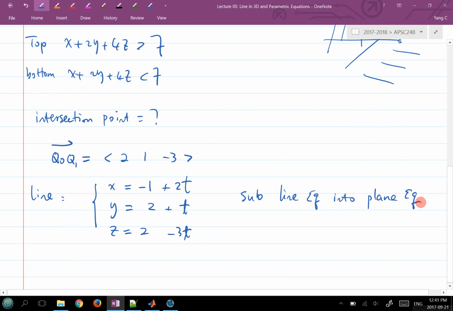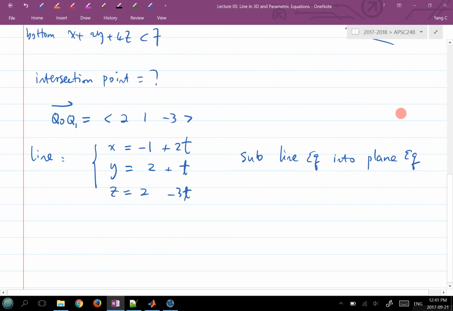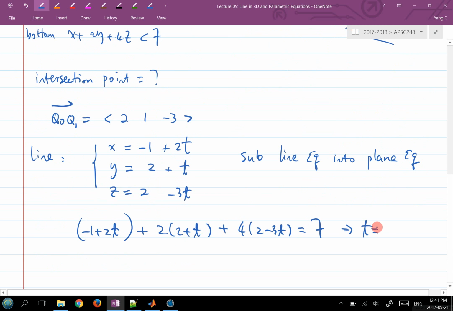So we have our plane equation here: x plus 2y plus 4z. So x is negative 1 plus 2t, plus 2 times 2 plus t, plus 4 times 2 minus 3t, equal to 7. So one equation, one unknown t, and you can solve for the t value. End up with 1/2.